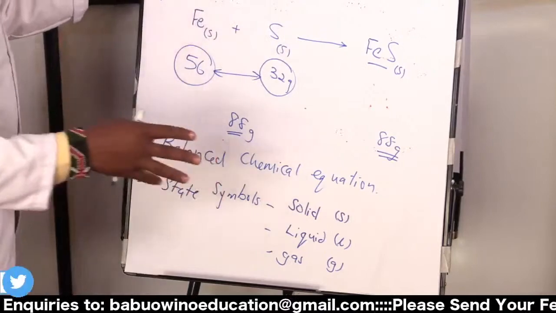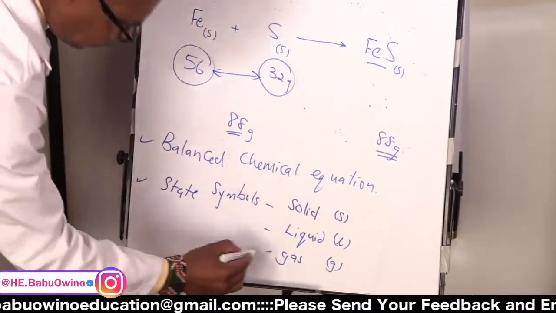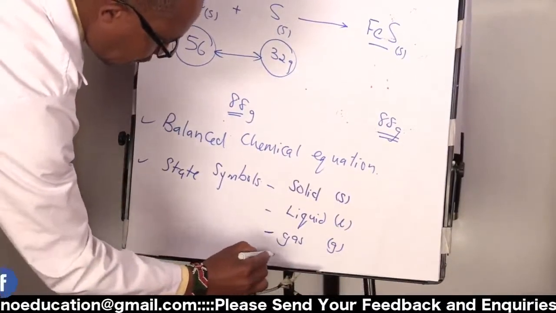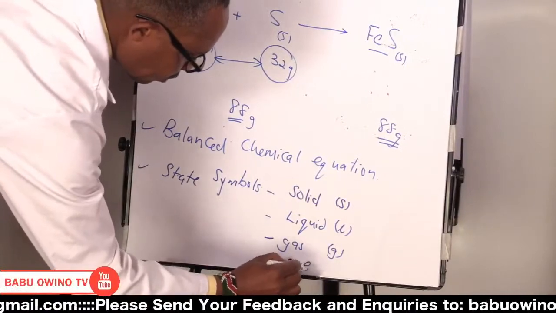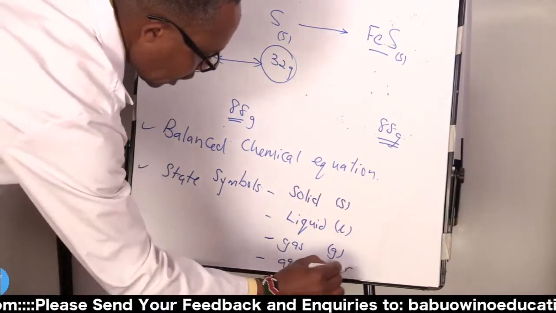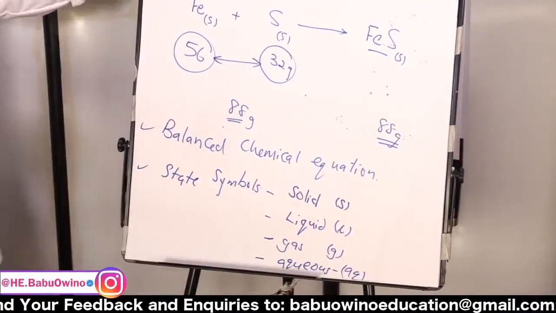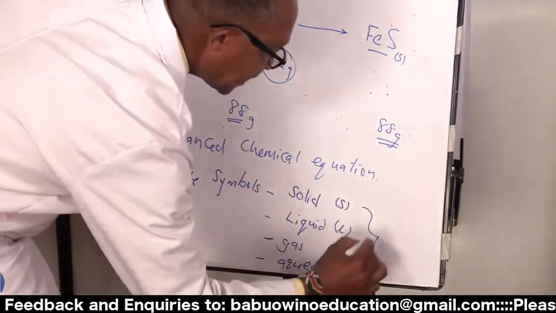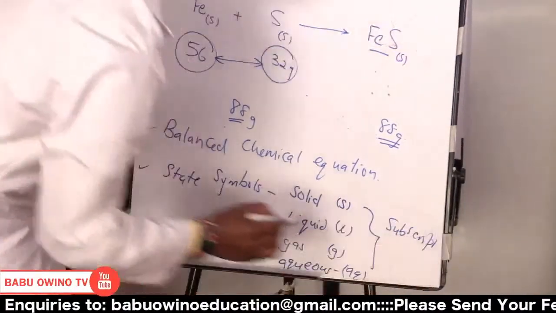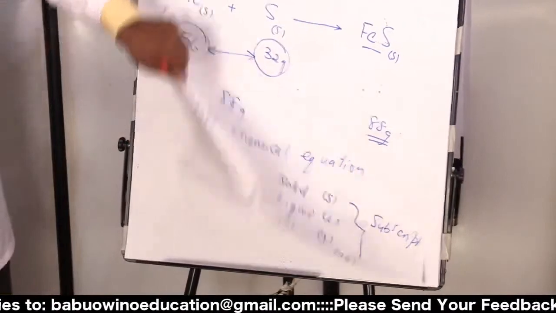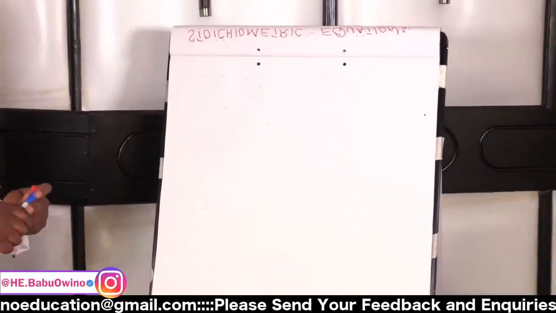When that solid, liquid, or gas has been dissolved in water and it is soluble, then we are talking about aqueous, AQ, in brackets, and written also as a subscript. Subscript means at the bottom, and lowercase.